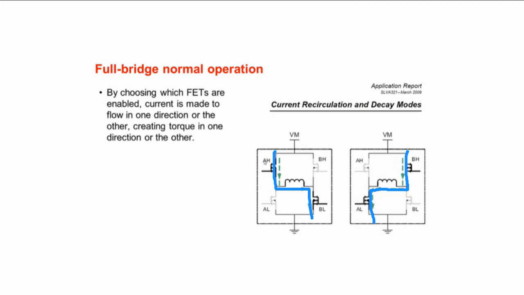Whatever the motion is, it will tend to create a torque in one direction and cause motion. For the opposite, we are going to turn on the B phase high side MOSFET and the A phase low side MOSFET. So this is the general operation of a full bridge drive.